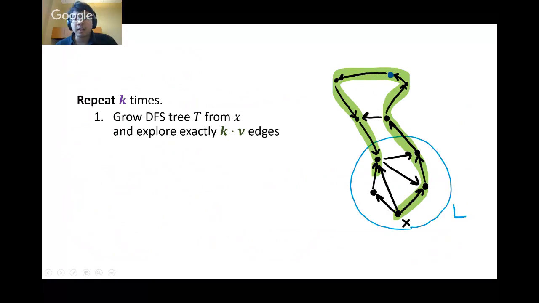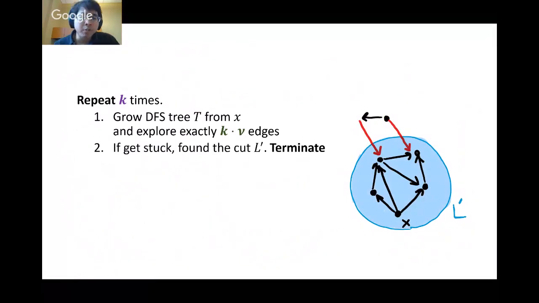It might go inside L again, but if you get stuck somehow, you will find some cut L prime and you just terminate. And you return this cut L prime.